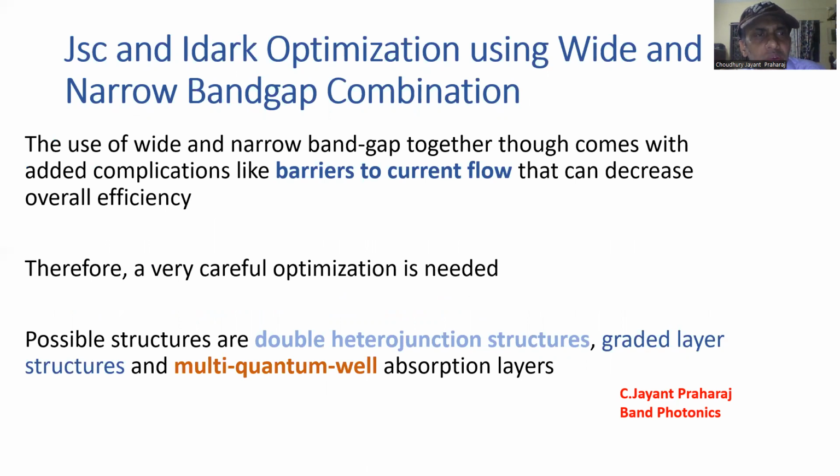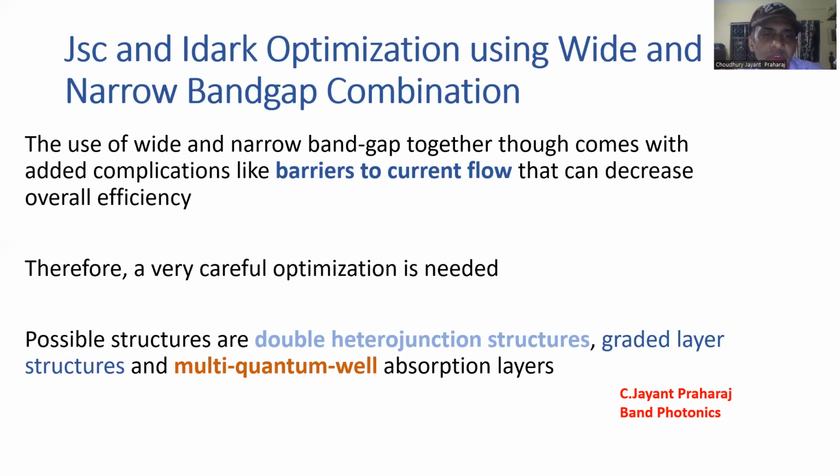More details about the optimization of short circuit current and dark current using combinations of wide and narrow band gap. The use of wide and narrow band gap in the same structure comes with some added complications like barriers to current flow. That can work towards decreasing overall efficiency.